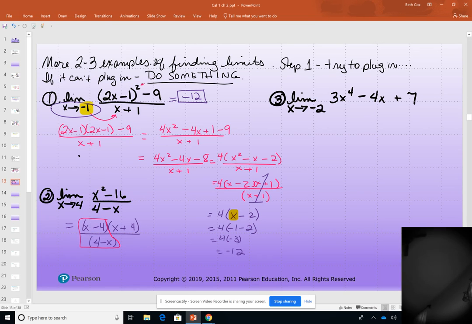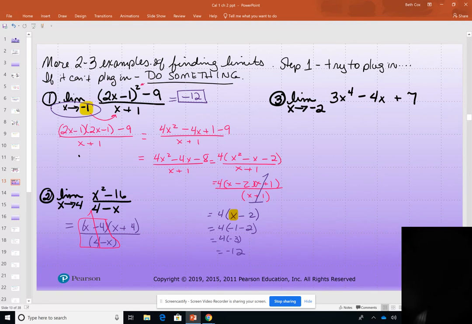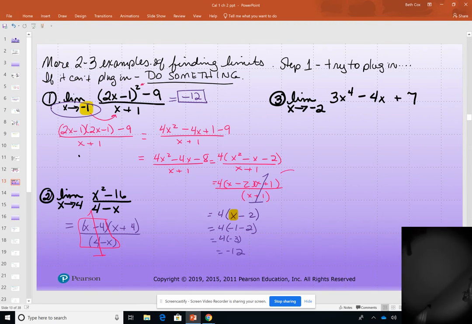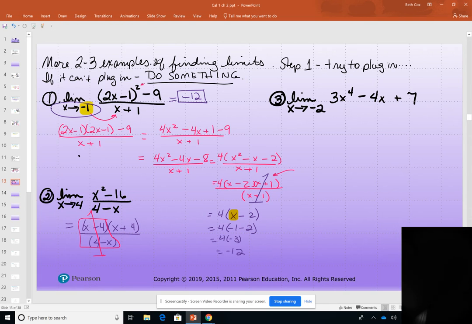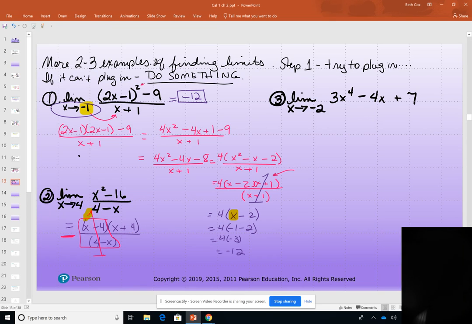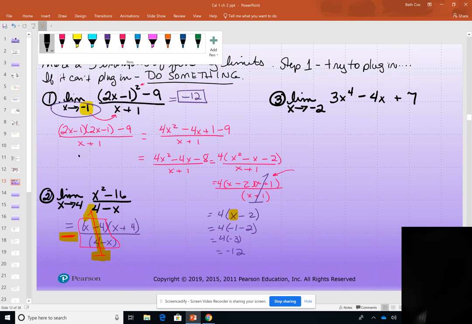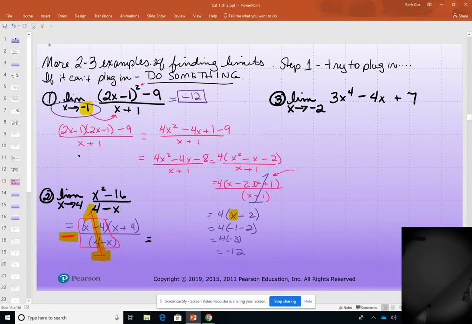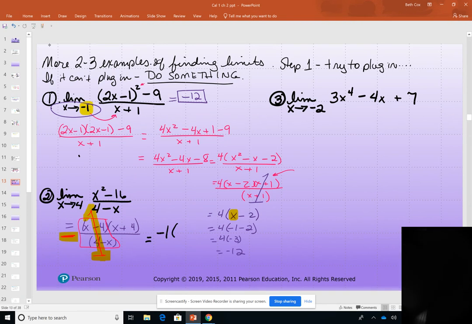These are what we call opposites. And so this is actually not going to make a 1 like we saw here. It's going to make a negative 1.